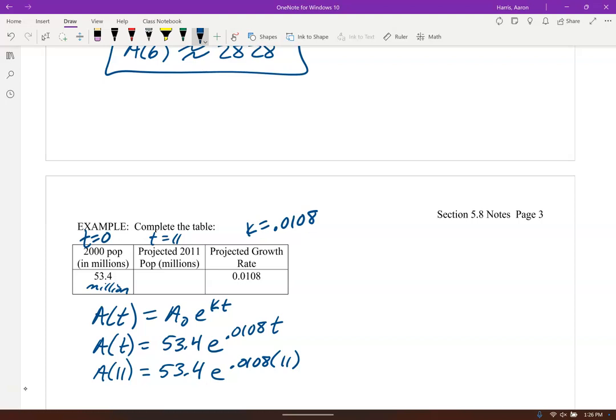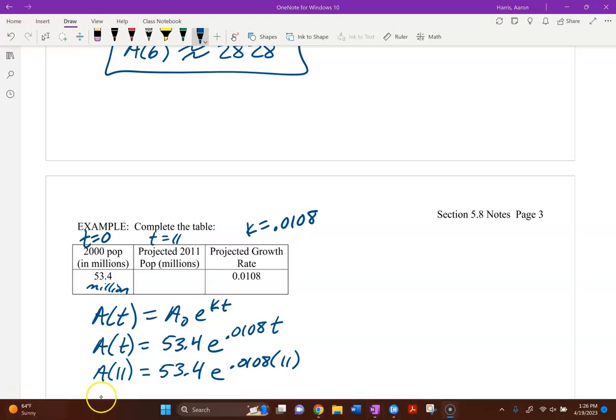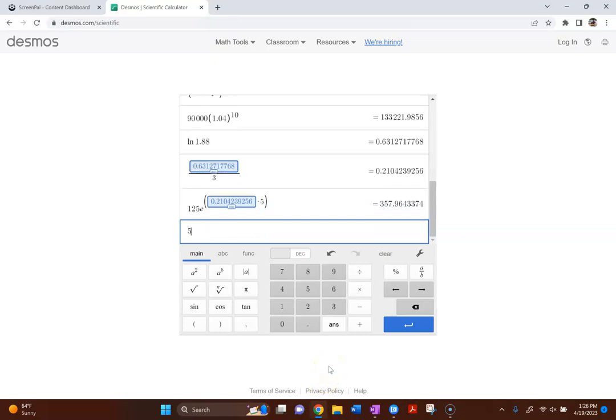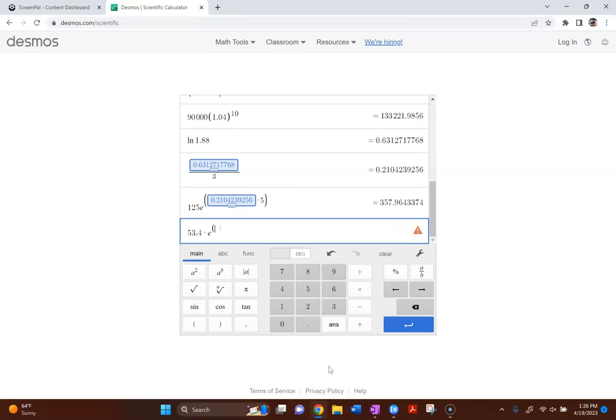Let's see what that gives us. 53.4 times e to the, what was that, 0.0108 times 11. So 60.136125.